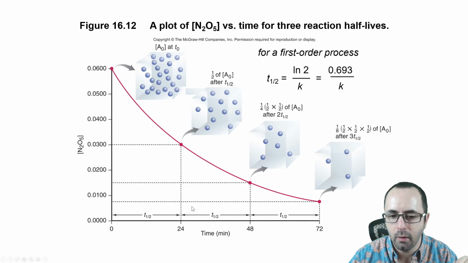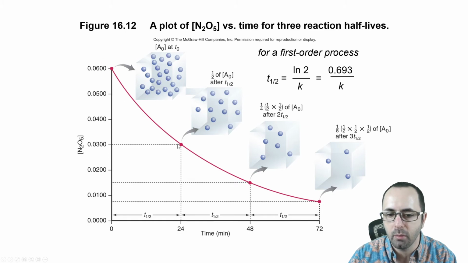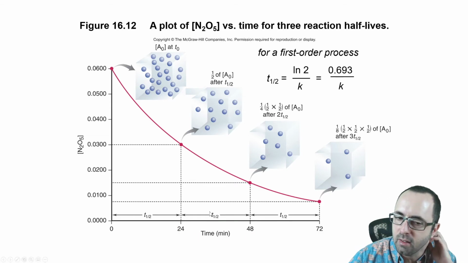And so we can see here the progress of a chemical reaction in terms of half-life. For a first order reaction, again, the half-life is not going to change over the course of the reaction. So what this is indicating is that for this first order reaction, the half-life is 24 seconds. So over the first 24 seconds, half the initial concentration is used up, and the concentration drops from 0.6 molar down to 0.06 molar down to 0.03. Then over the second half-life, another 24 seconds, the concentration gets cut in half again.